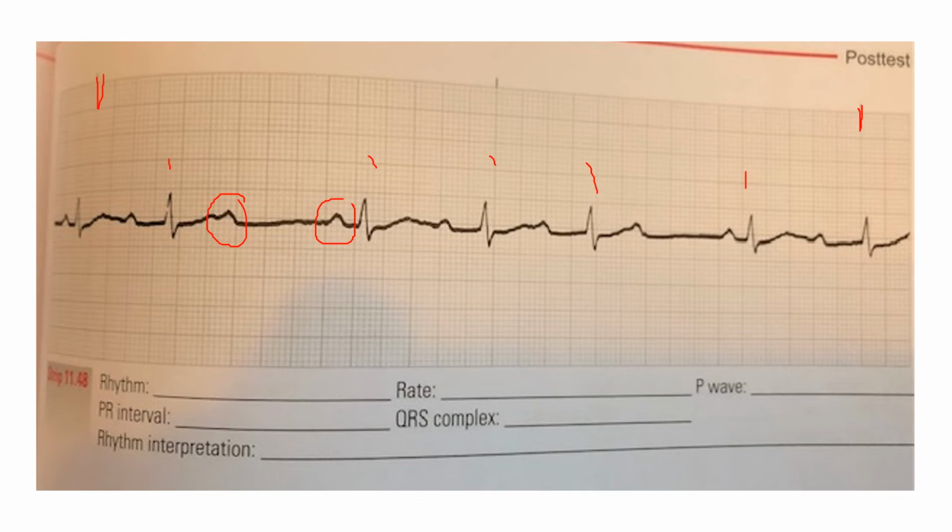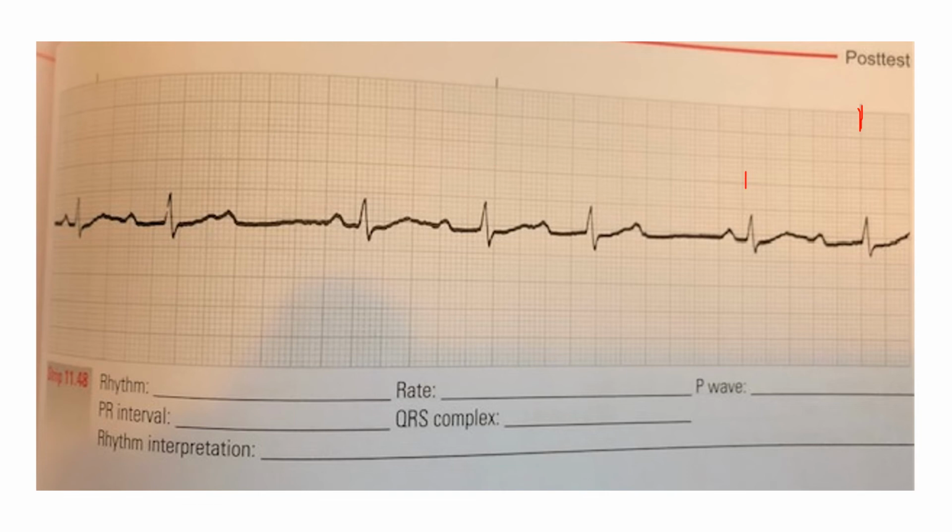Your P waves, you have sinus P waves. They're all coming from the SA node. If you look at your PR interval, they vary from 0.20 to 0.32. So they're not all the same. They're not constant. Your QRS is normal, 0.08 to 0.10. So for your rhythm interpretation, since this is a higher grade block, we're going to determine which higher grade block it is.